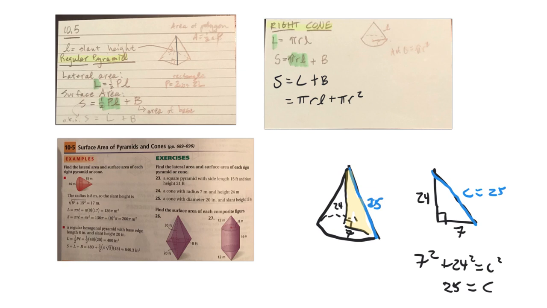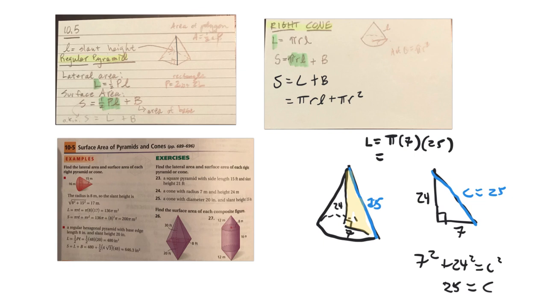And now we're ready to figure out the lateral area based on this formula here. So that's just going to be pi. I'll just say L equals pi times whatever the radius is. In this case, it's 7 times that 25 right there.